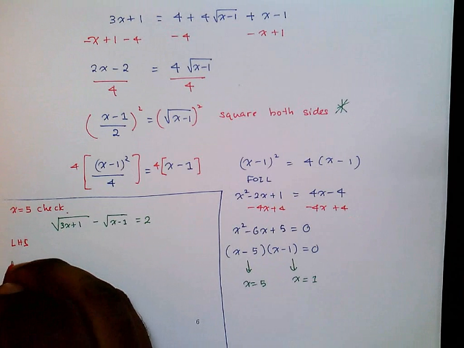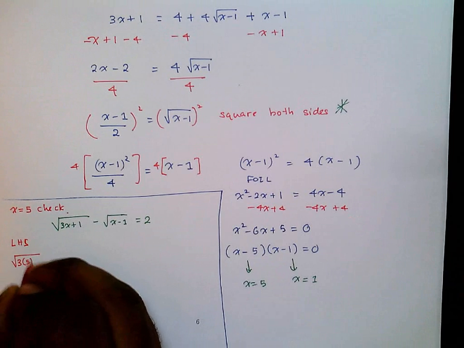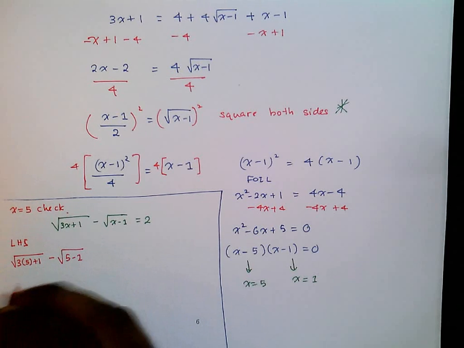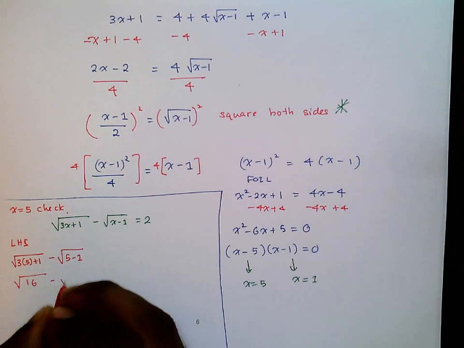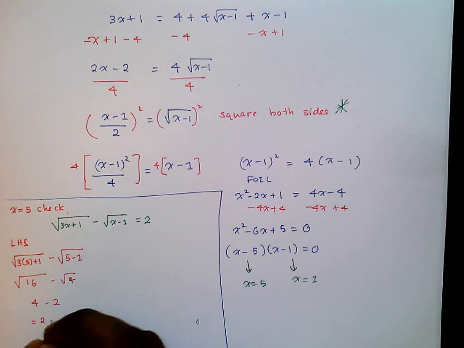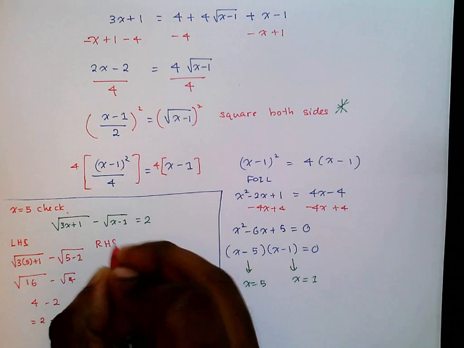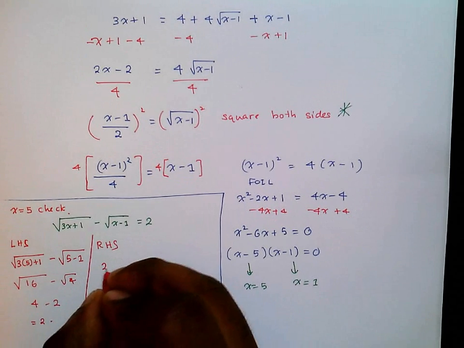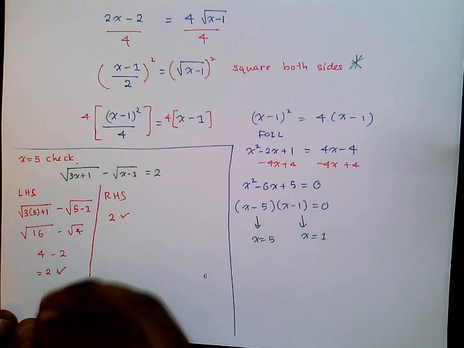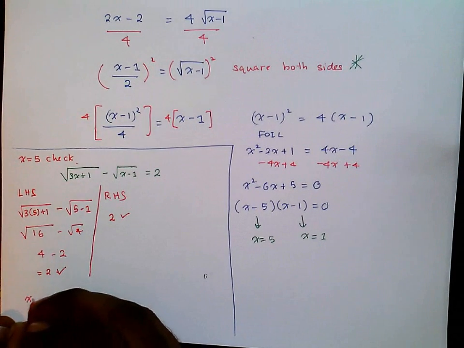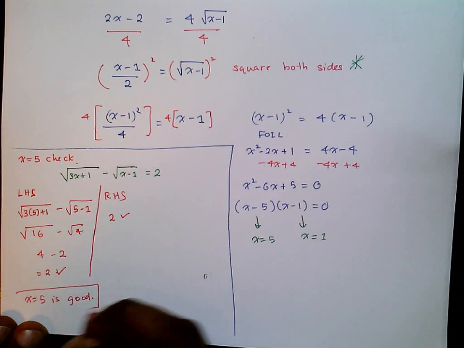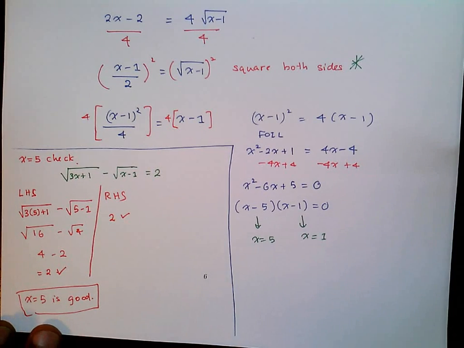You will get square root of 3 times 5 plus 1 minus square root of 5 minus 1. That would be square root of 16 minus square root of 4. That is 4 minus 2. That is 2. On the right hand side is just 2. So we are good here because we get the same left hand side and right hand side. So x equals 5 is good. That's a good final answer.